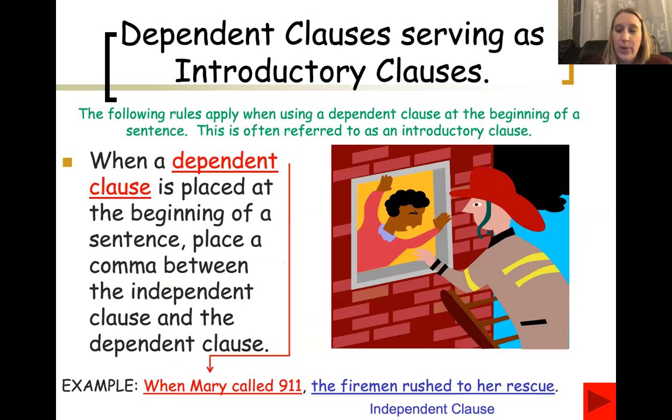We have a subject and a verb, but we have that marker right here, when, so that is a pretty good indicator that we're not going to have a complete sentence and it's going to be a dependent clause, and we're going to need some kind of punctuation, in this case, a comma. The firemen rushed to her rescue. There's our independent clause. It helps the dependent clause and it makes it a complete sentence.